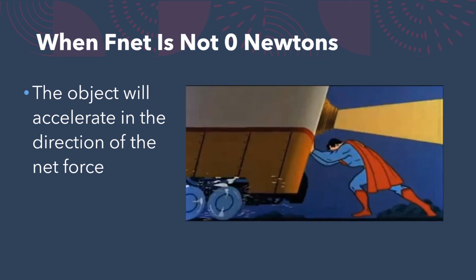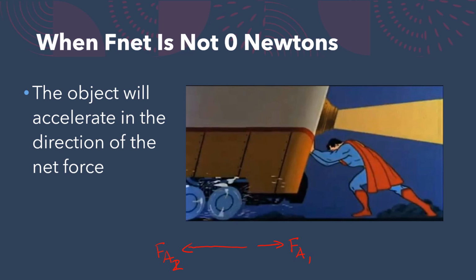Now, what about if the object is already moving, right? Say this train is moving to the right, and it's moving at a constant speed, okay? Or it's trying to accelerate that way, right? Maybe it's got an applied force of this much right there. The train's applying that much force to the right, but Superman is able to apply an even greater force in this direction, okay? So we'll call this applied 1 and applied 2.